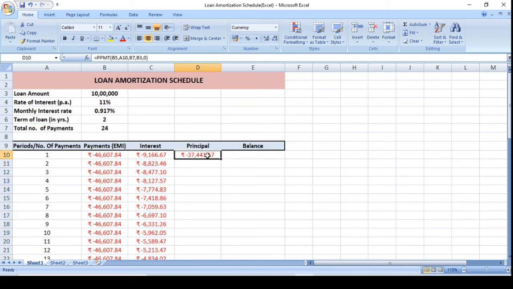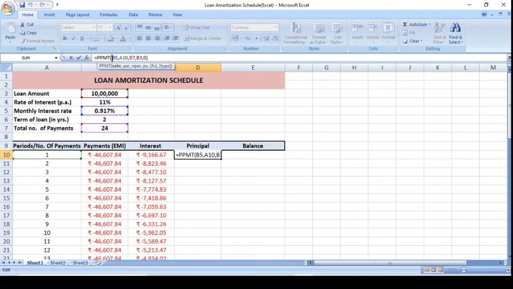Now for the principal also I am going to do the same thing. B5 is to be frozen because here we have the monthly rate of interest. A10 we want to be variable, as we want to drag the formula, so it should keep on changing. B7 has to be frozen and B3 is also required to be frozen.